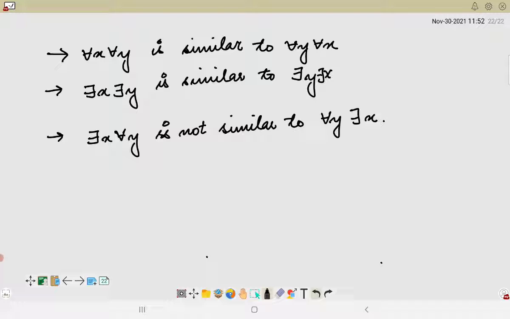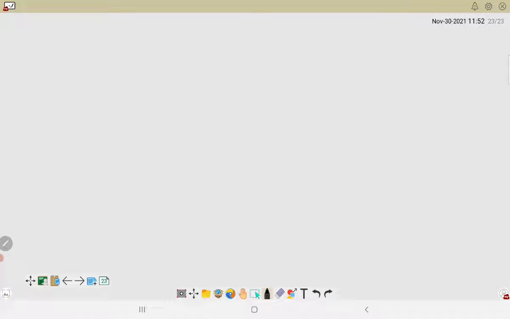Now let us write down some examples using first order predicate logic. The first example that we will do is "all birds fly". When we consider this statement, what we notice first is that we have one predicate and one subject.